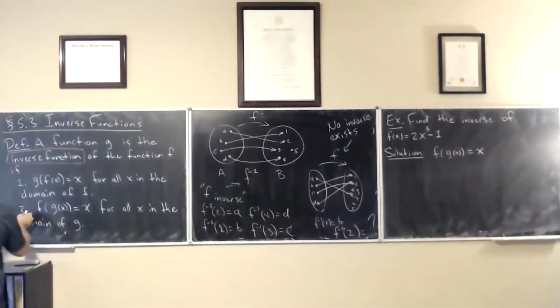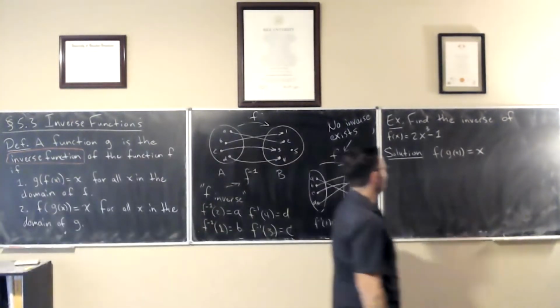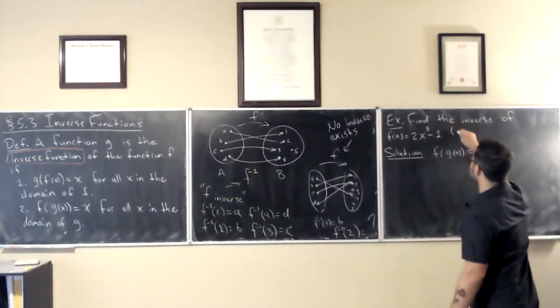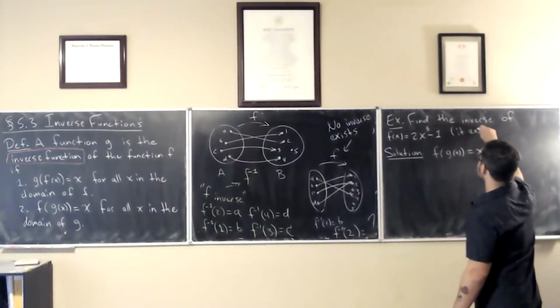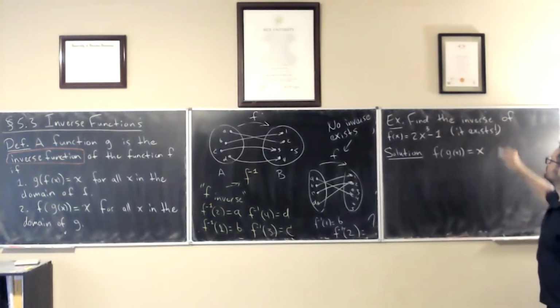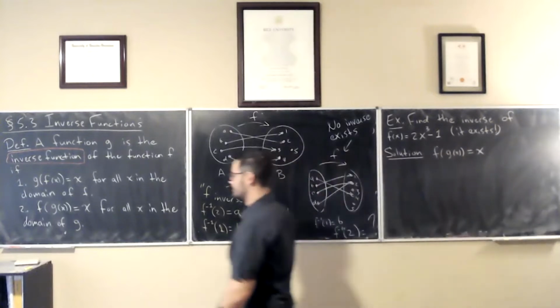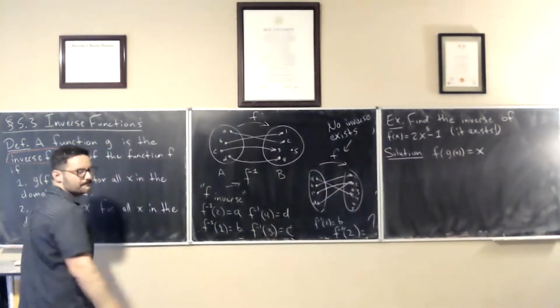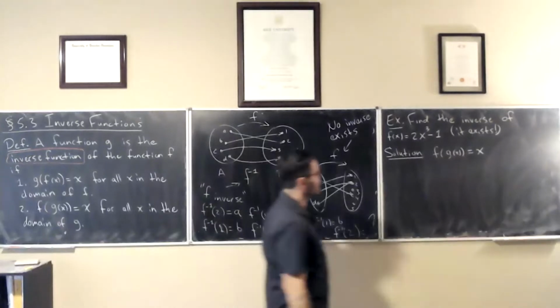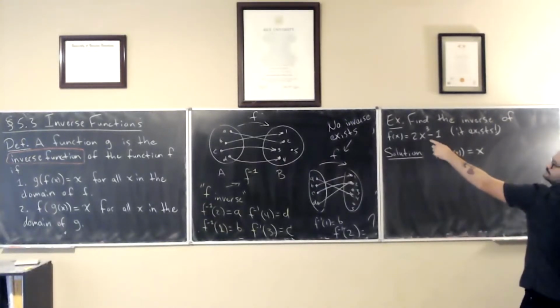This has to hold. I probably should have told you that in this problem, the inverse does exist. So, knowing that it exists, we're going to use the definition to find it.